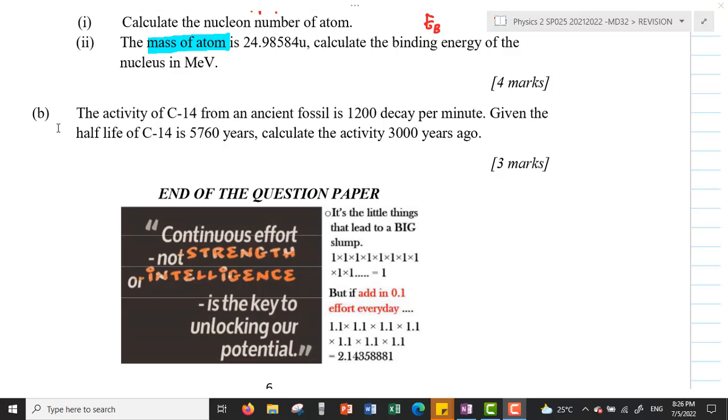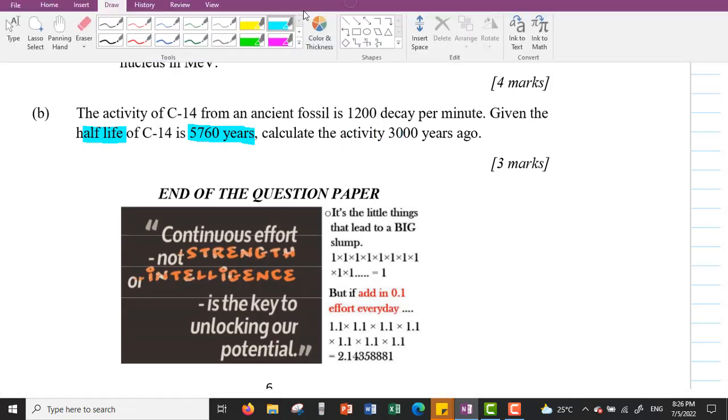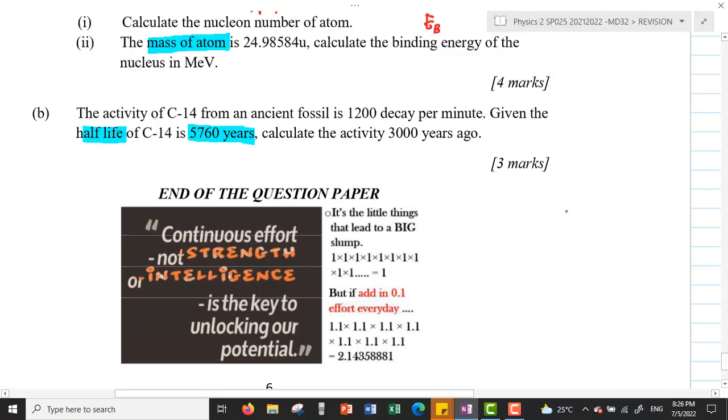So question 10b, the activities of carbon-14 from an ancient fossil is 1200 decays per minute. Given the half-life of carbon-14 is 5760 years, calculate the activities 3000 years ago. So the question gives us the activities is 1200 decay per minute.